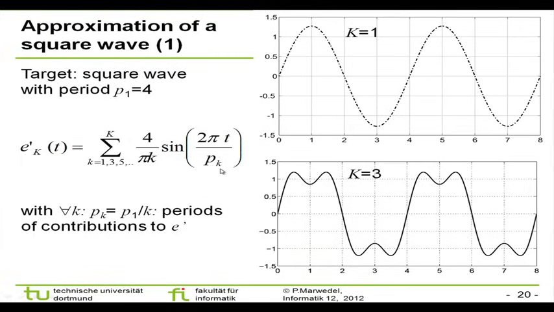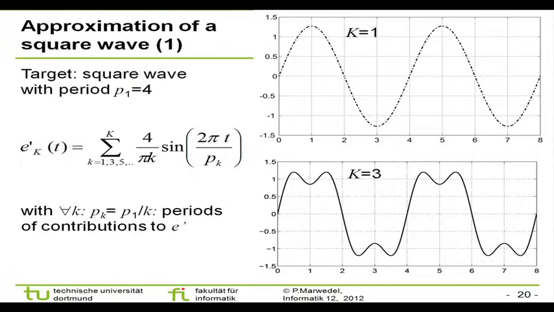If I make k equal to 1, then it is simply a sine wave, and you see the period from here to here is 4, the signal is in the same phase. Now if I increase the k value, the period is still 4, but we have approximated it a little bit more.